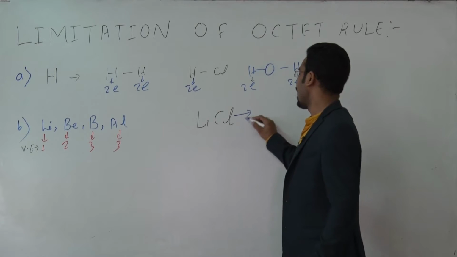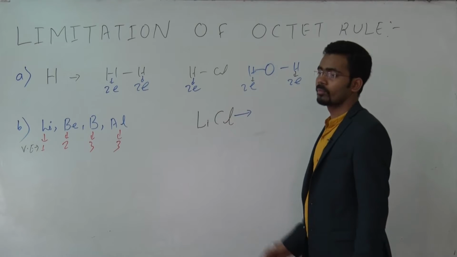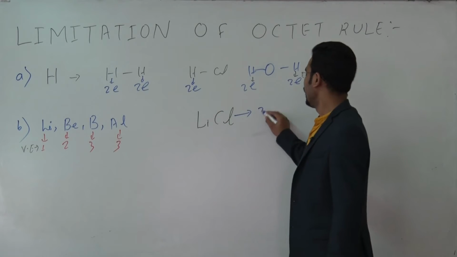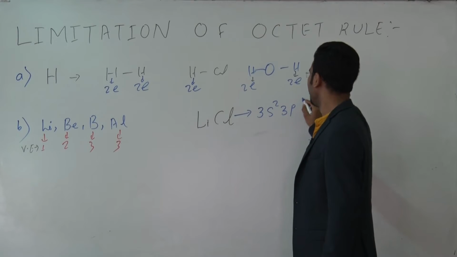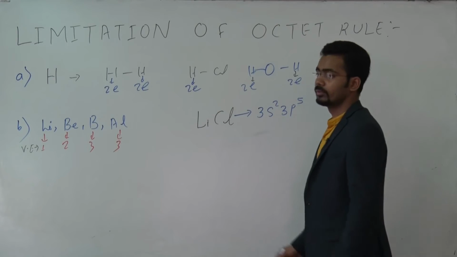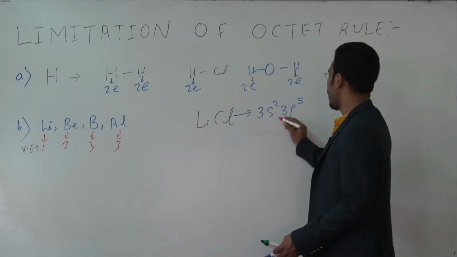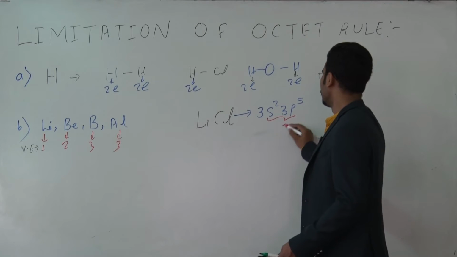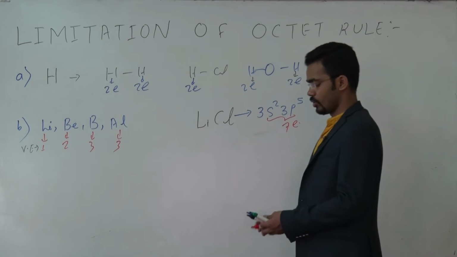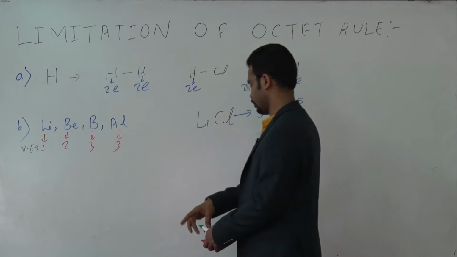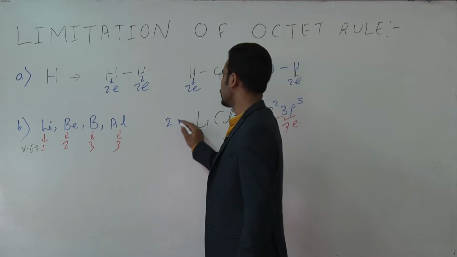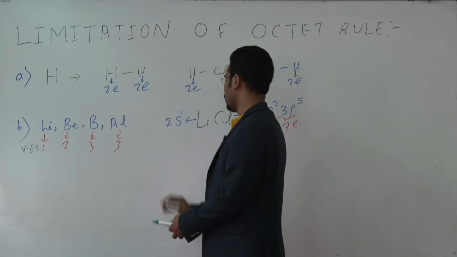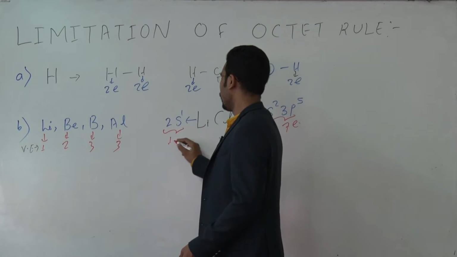Chlorine has 3s2 3p5. It means that it has 7 valence electrons, while lithium has valence electronic configuration 2s1. It means only 1 valence electron.